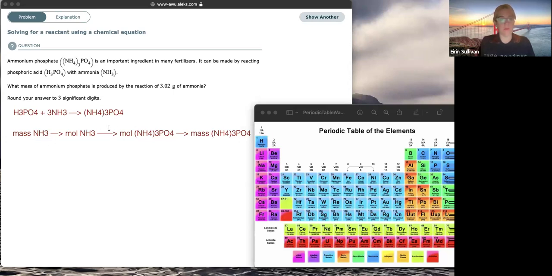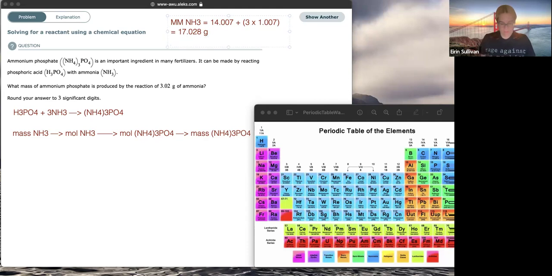So the molar mass of NH3 is going to be nitrogen, which is 14.007, plus 3 times hydrogen, which is 1.007-ish. So 14.007 plus 3 times 1.007 gives me a molar mass of about 17.028 grams.